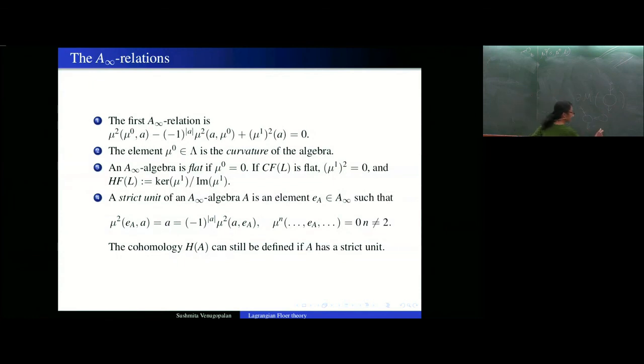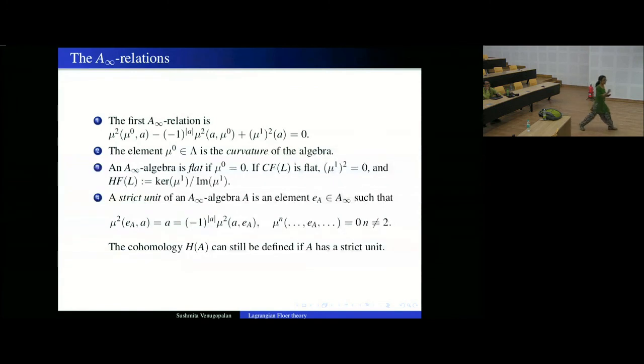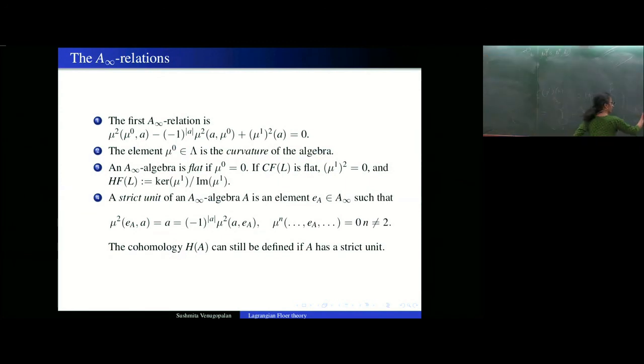And note that a disk bubble here is different from a disk bubble there, because the ordering matters on disks. So I have 3 different types of contributions, and those are precisely the terms in the first A infinity relation. The order is wrong. This one is mu1 square A. This one is mu2 A comma mu0, and this one is mu2 mu0 comma A.